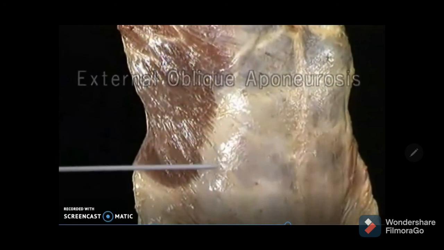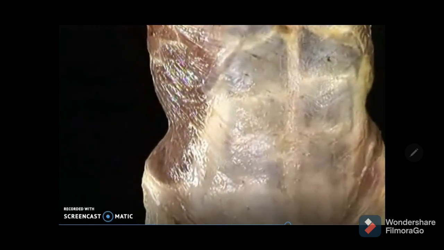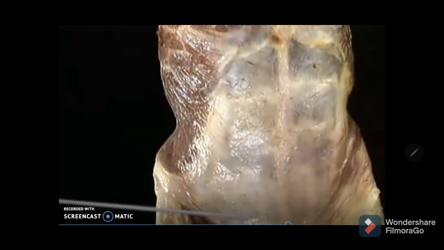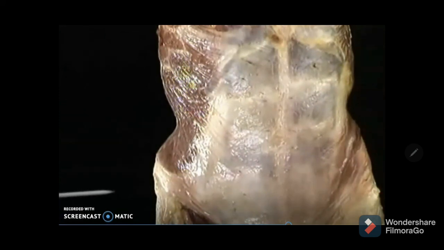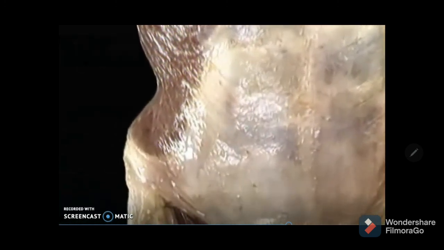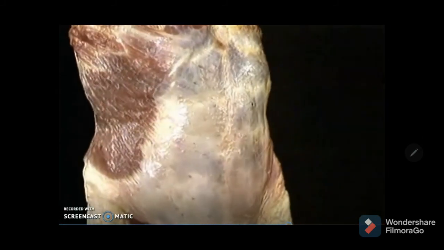You can see forming the fibrous aponeurosis there, and they form the anterior wall of the rectus sheath. And in the lower fibers they form the inguinal ligament. So inguinal ligament acts as a demarcation between the anterior abdominal wall and front of thigh.